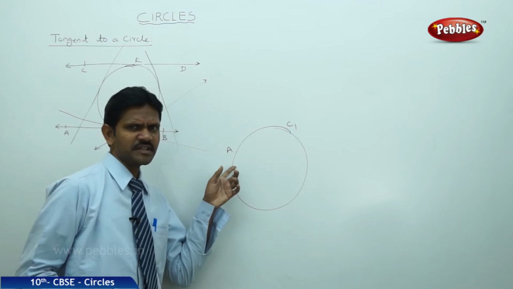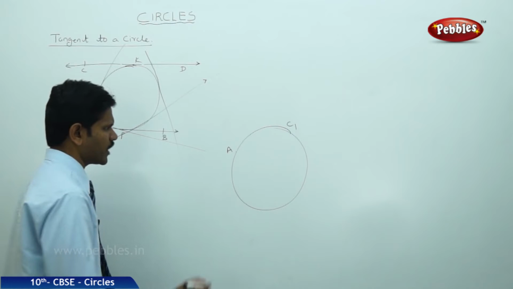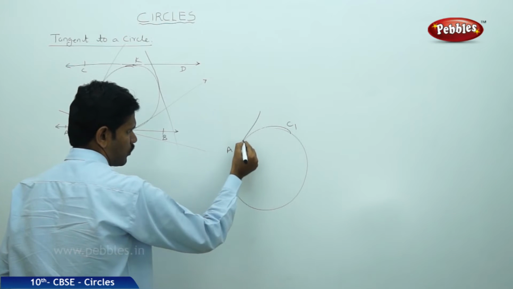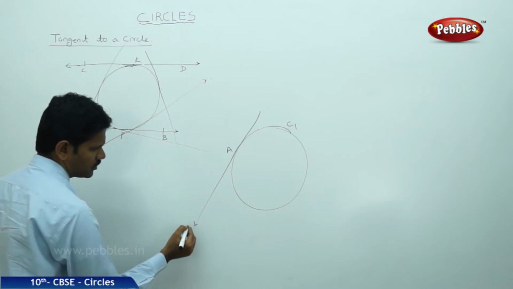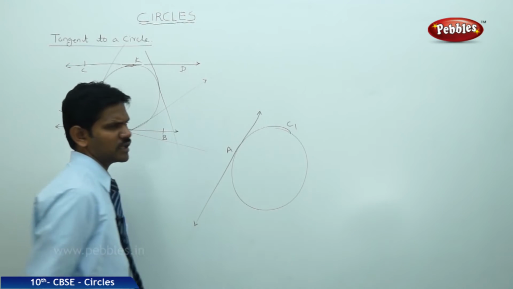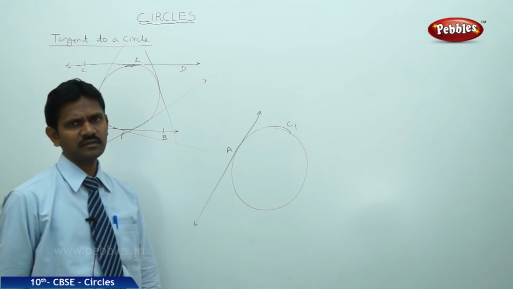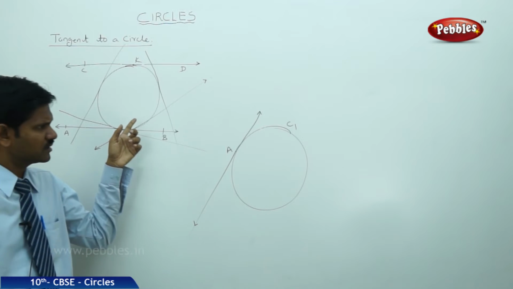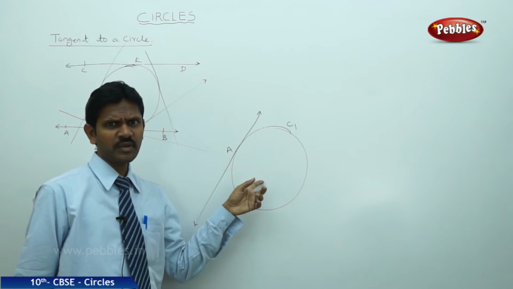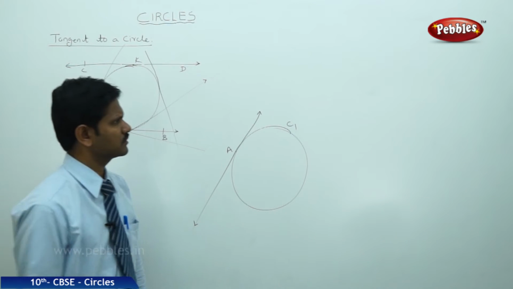The number of tangents that can be drawn to circle C1 from a point A is one and only one. I can draw only one tangent from a fixed point on the circle. The number of tangents that can be drawn to a circle is infinite, but the number of tangents that can be drawn from a fixed point on the circle is one and only one.